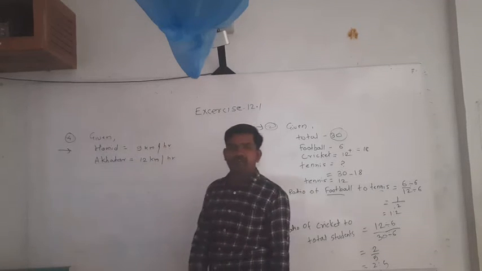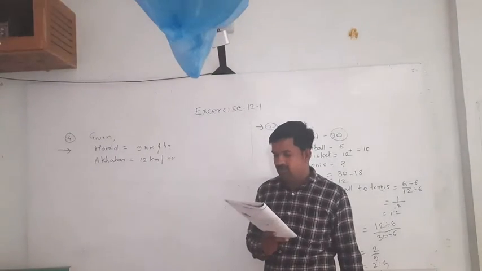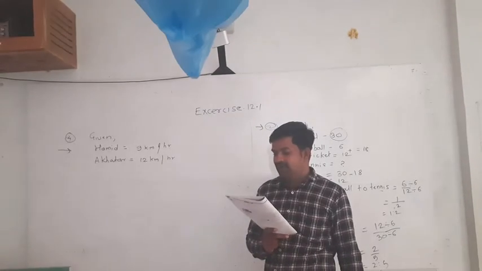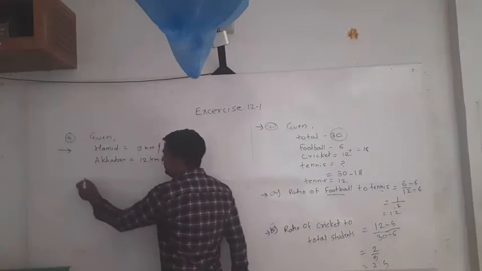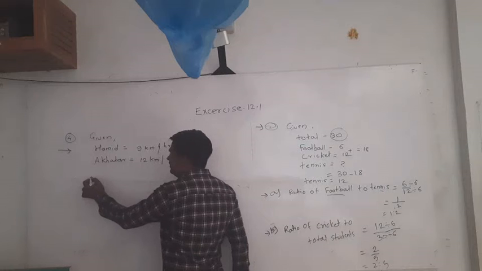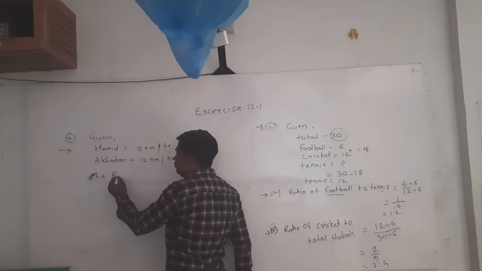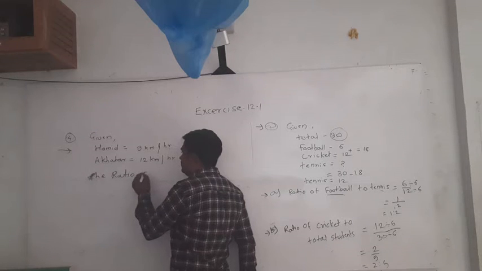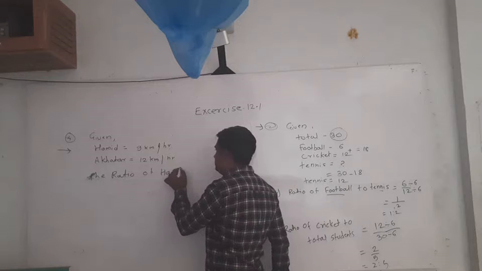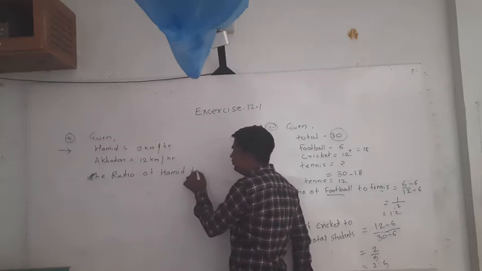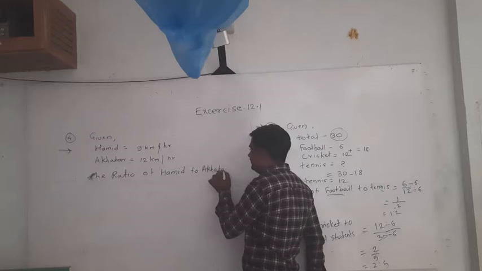Now you want to find the ratio of Hamid's speed to Akhtar's speed. So therefore the ratio of Hamid speed to Akhtar speed.